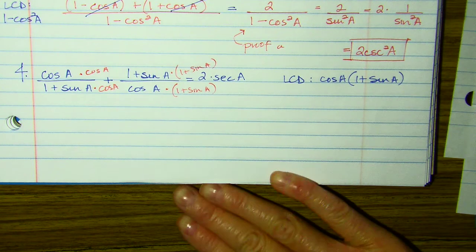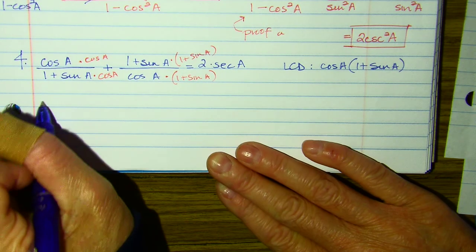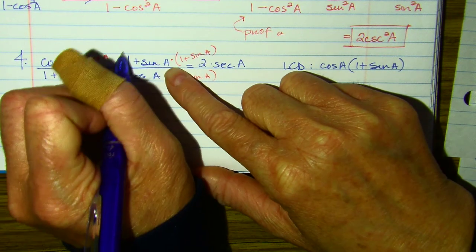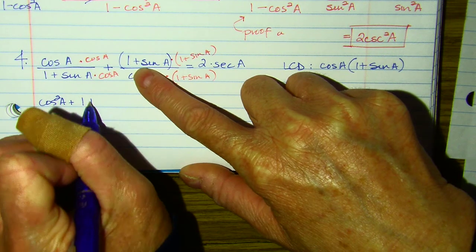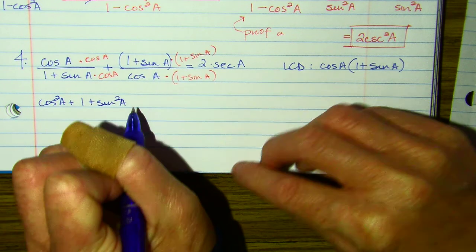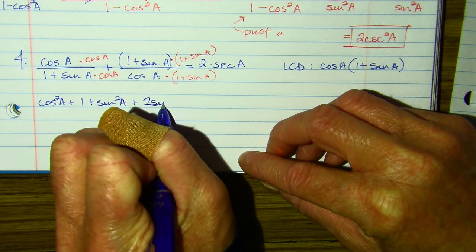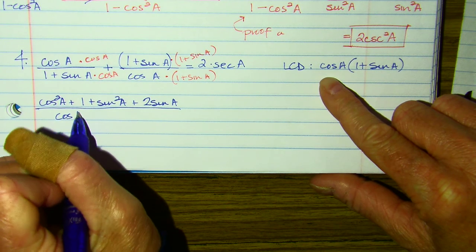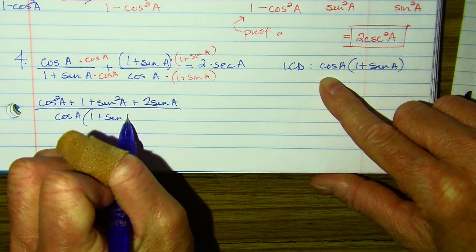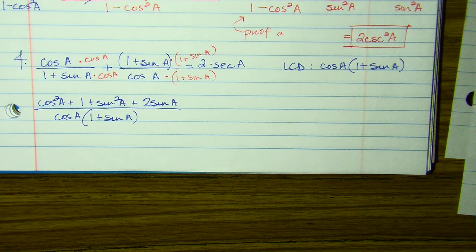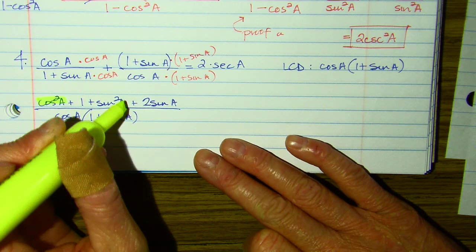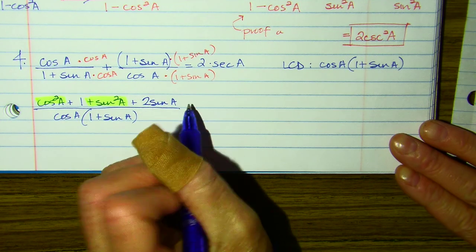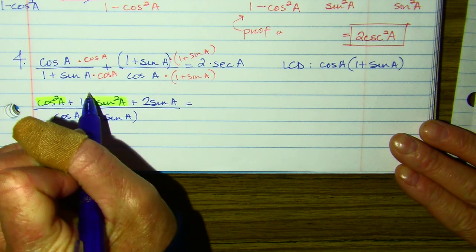So I'm just simplifying the left. That would give me cosine squared of A plus, I would have to distribute these, and that would give me 1 plus 2 sine of A plus the sine squared of A, over my least common denominator, cosine A times 1 plus the sine of A. Now, based on our proof, I know that this plus this equals 1.